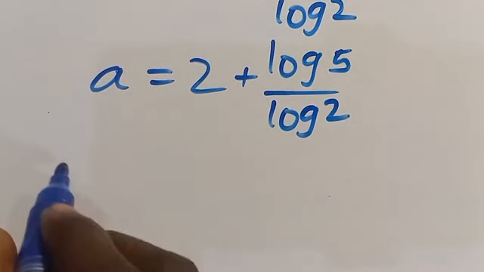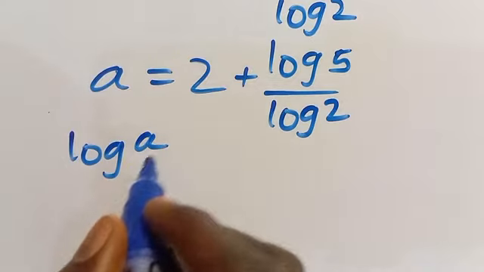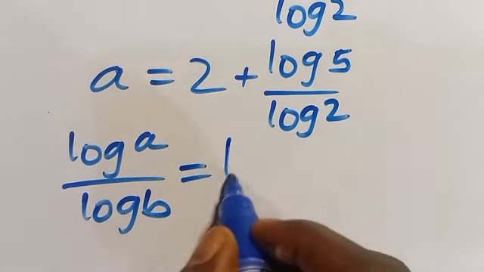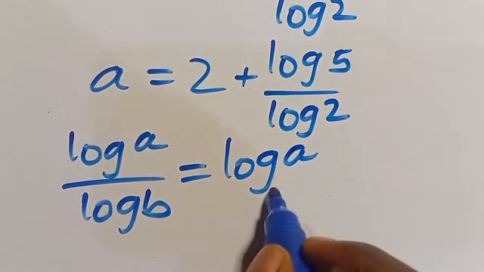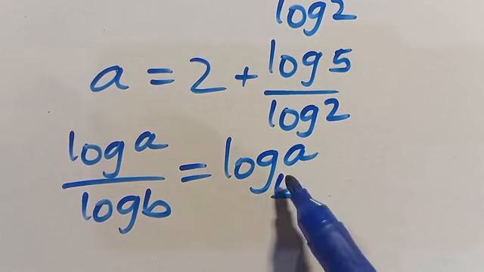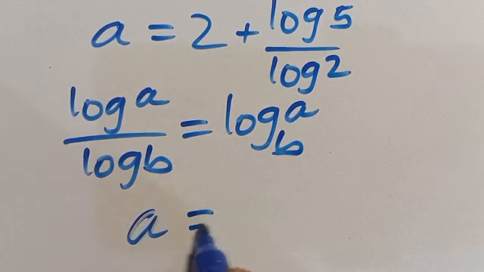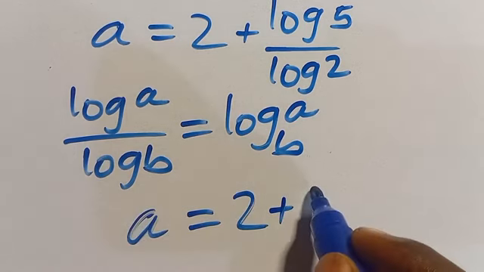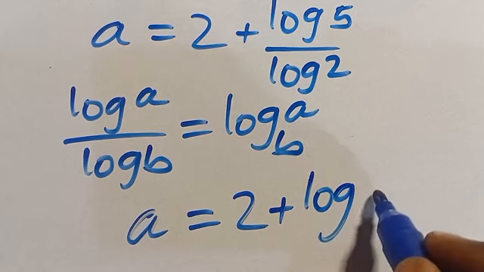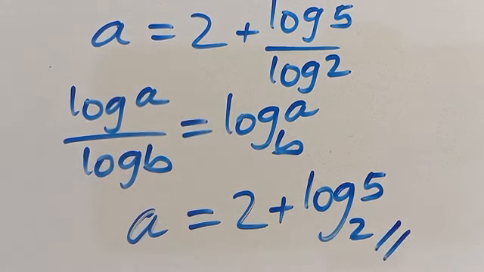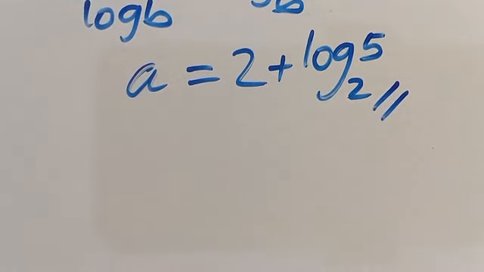Then recall that when we have log a divided by log b, it equals log of a in base b. So when we apply it here, we are going to have a equals 2 plus log 5 in base 2 as the value of a. Then let us check.